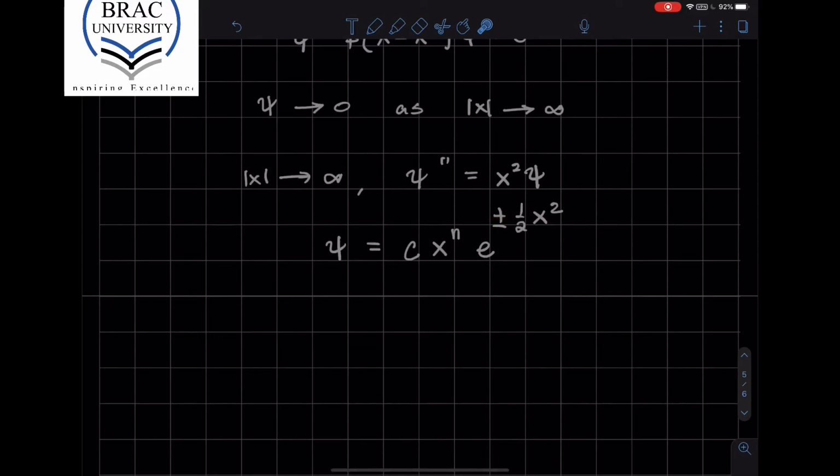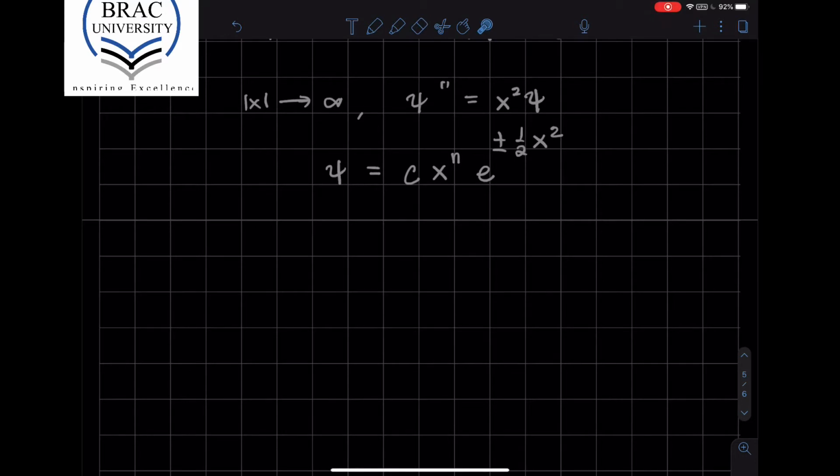Recall that for the plus sign, this will no longer be a bounded or normalizable wave function, because as x gets large, this wave function will become larger and larger. The plus sign doesn't really make sense, but we're going to take it because we will see that it's going to rear its ugly head in some other form. So let's just take it for the time being.